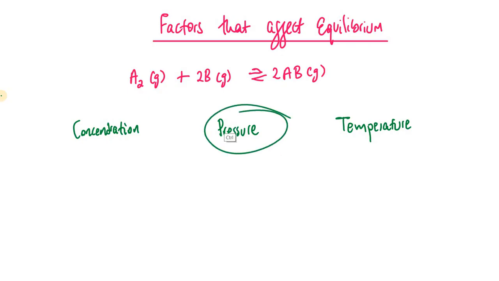If you're changing pressure, you're doing it to the whole system. If you're changing temperature, you're doing it to the whole system. But if you change concentration, you change it on only one of the species. Now a nice way to remember it is Cape Town. Cape Town are the factors that affect your equilibrium: CPT, concentration, pressure and temperature.